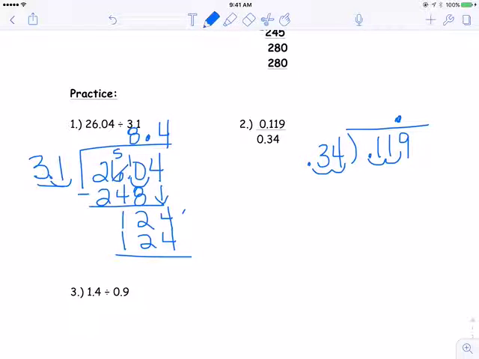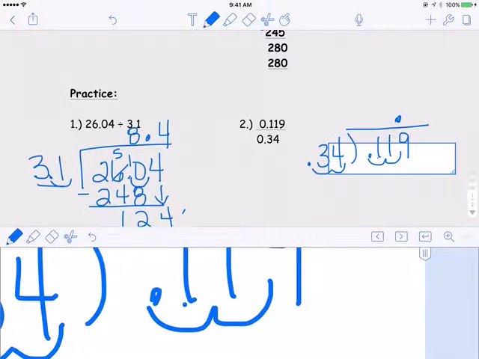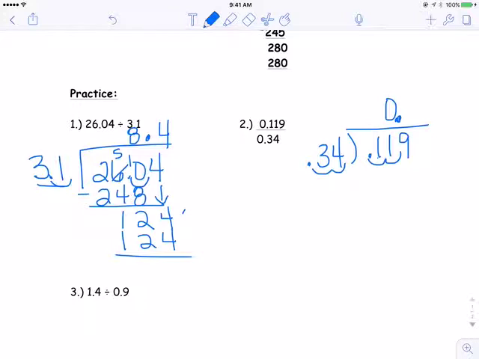As I look, 34 does not go into 1. It does not go into 11. So I'm going to have a 0 for that. 34 is going to go into 119 3 times. 3 times 34 is 102. I'm going to subtract. I'm going to get 17. I have a leftover, so I can't just quit.